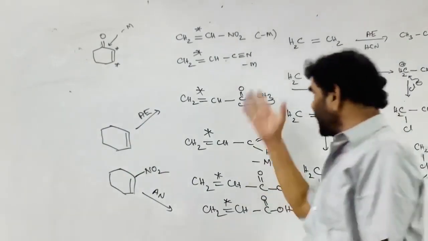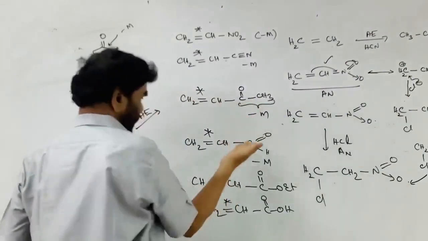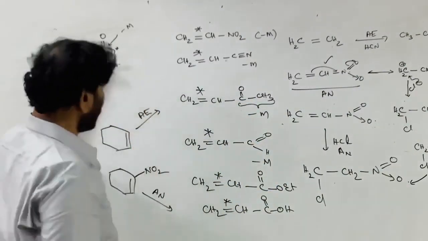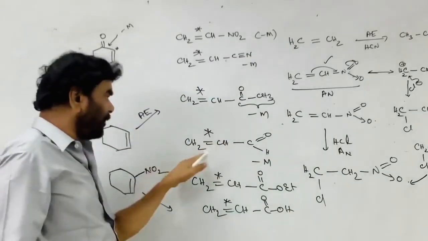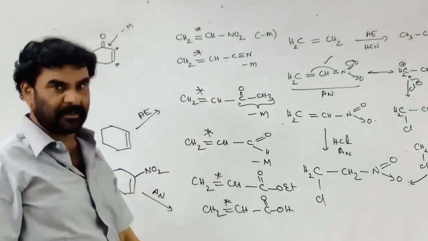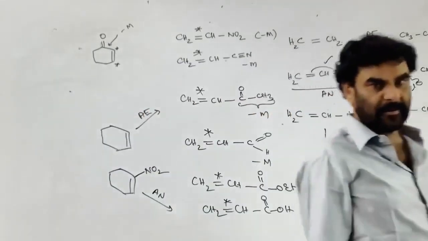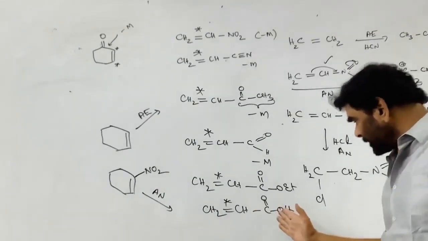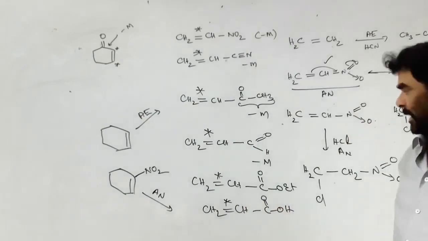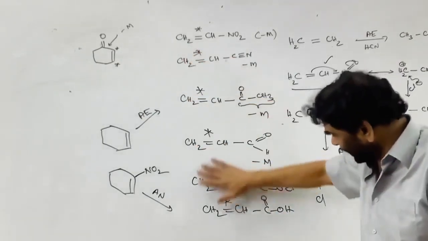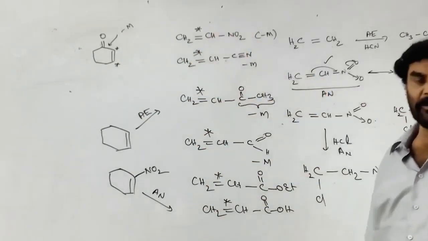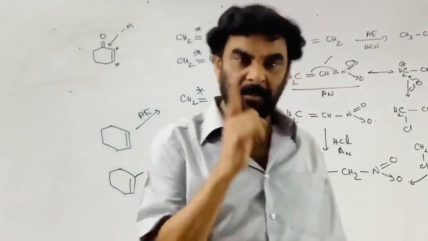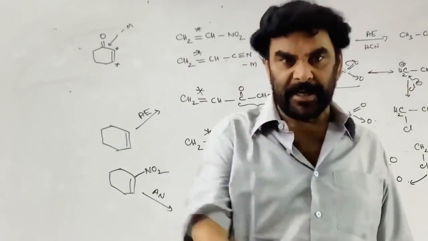In terms of carbonyl compounds, they are called alpha beta unsaturated carbonyl compounds, alpha beta unsaturated esters, alpha beta unsaturated carboxylic acids. The ethylenic center takes part in the nucleophilic addition reaction. A carbon-carbon double bond normally takes part in electrophilic addition.